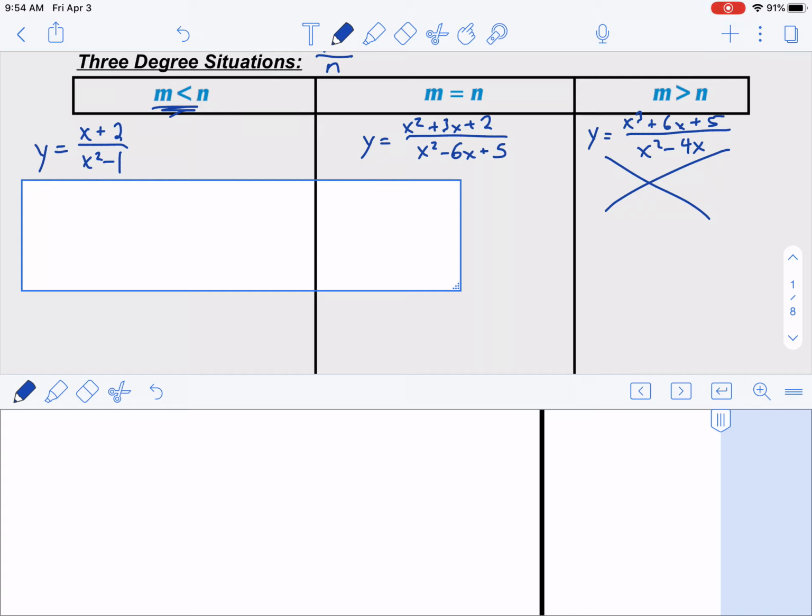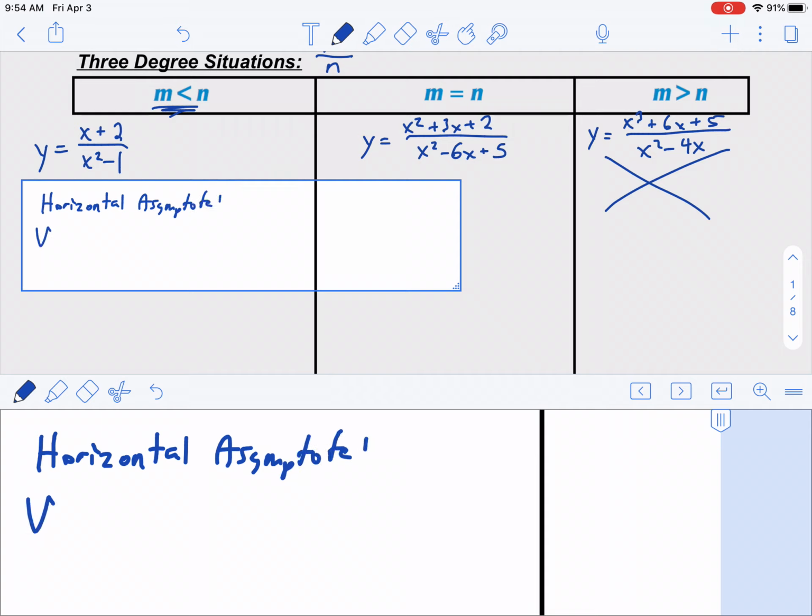The first one is the degree in the numerator is less than the degree in the denominator. And so the different things we're going to have to figure out are the horizontal asymptote, the vertical asymptote, and I'm going to put a little parentheses S on it because we could have more than one vertical asymptote.